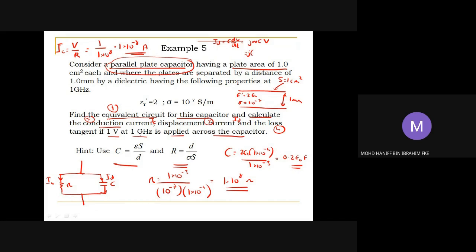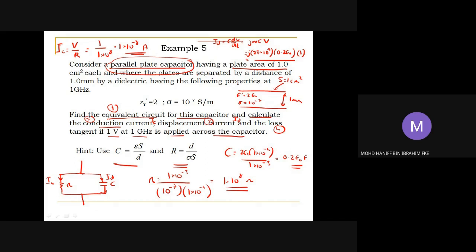We have 1 gigahertz here, so it should be 2 pi times 10 power of 9, that should be omega. C is equal to 0.2 epsilon naught, whereas the voltage V is 1 volt given in the question. So that should be your ID. Please try to solve for the ID based on this j omega CV calculation. That should be your displacement current.